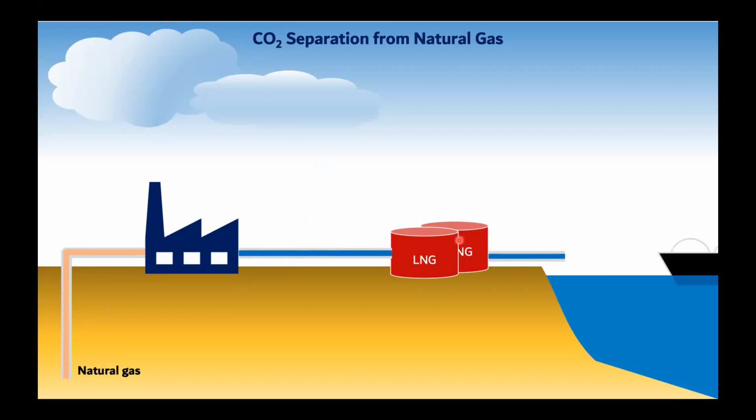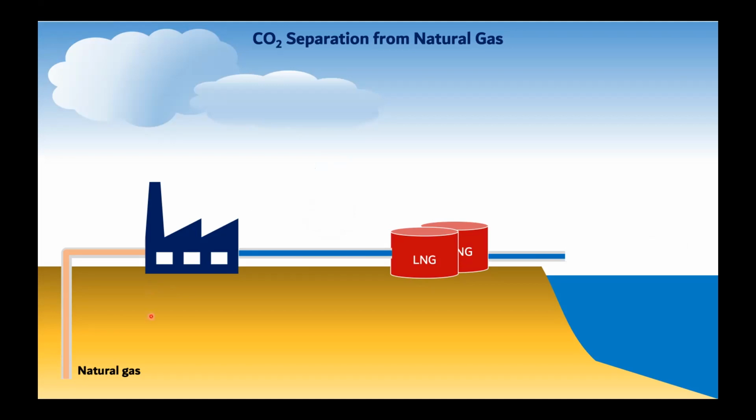However, the natural gas contains a lot of carbon dioxide, ranging from 1%, 2%, or in Natuna, even more CO2 compared to the methane. So in the natural gas here, we have to separate the CO2. Why?